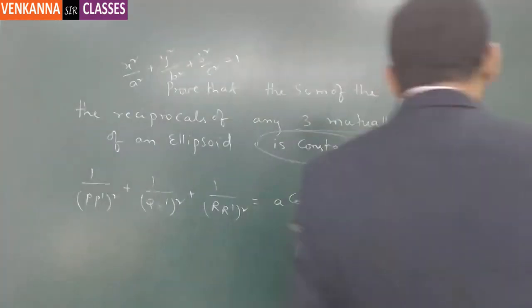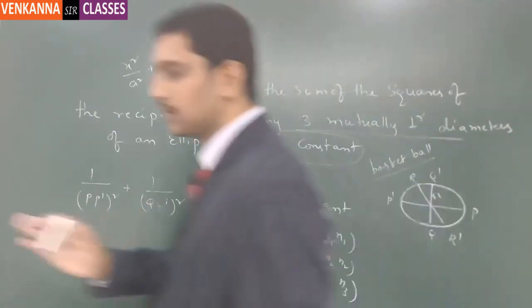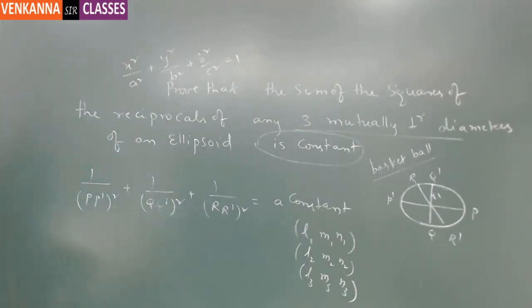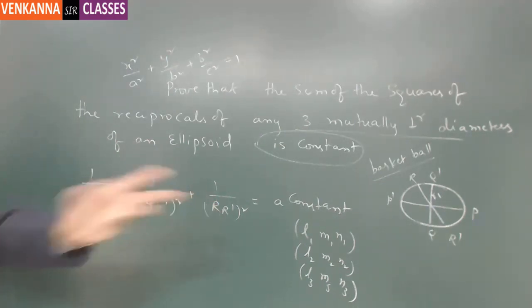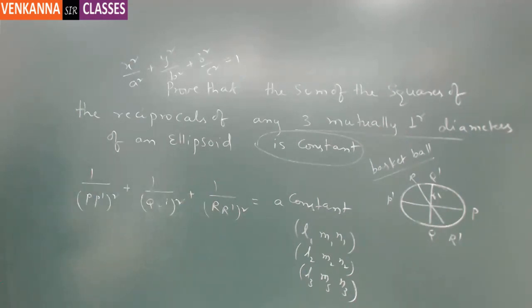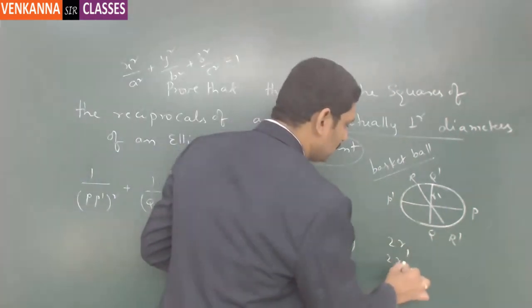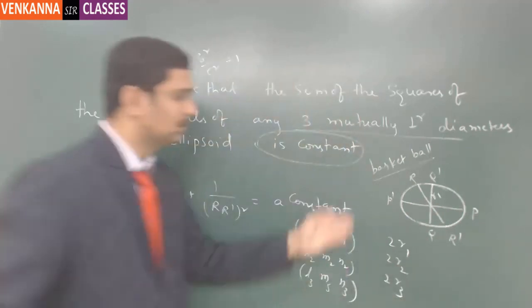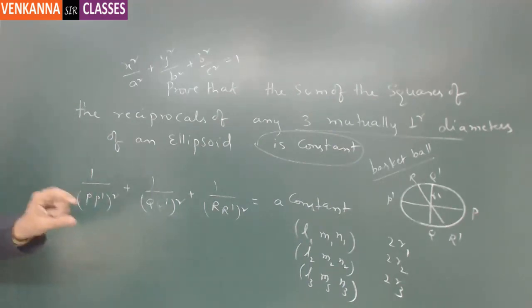And obviously, the values you take them as R1, R2, and R3. R1 is the radius for the first part, R2 is the radius for the second, and R3 is the radius for the third. Clear? So the diameter lengths are 2R1, 2R2, 2R3, the lengths of the diameters PP dash, QQ dash, RR dash. And by default assume that the center of the ellipsoid is the origin, 0, 0, 0.